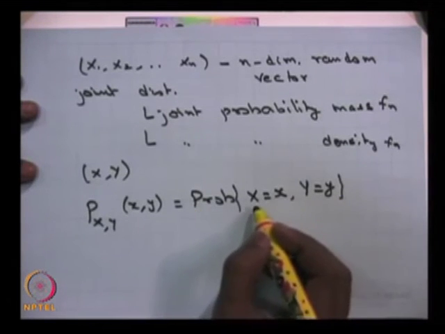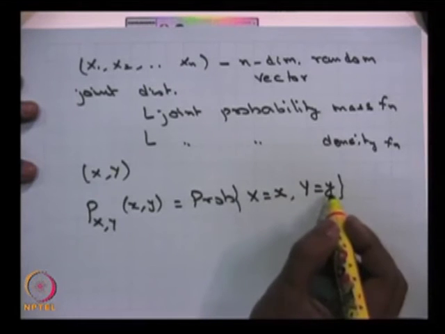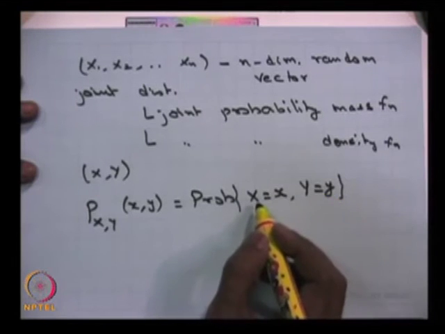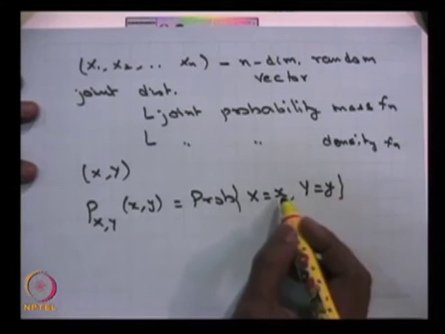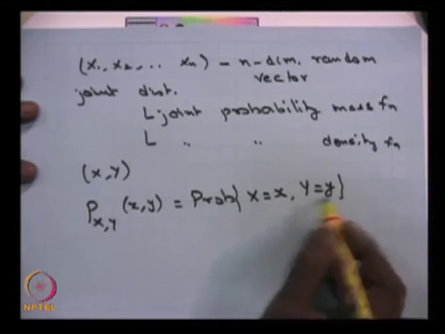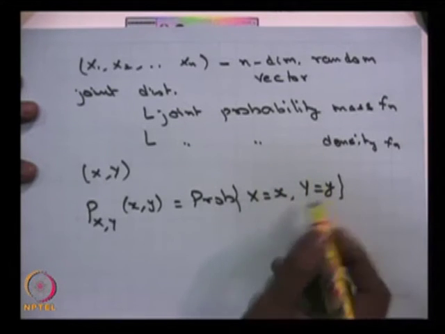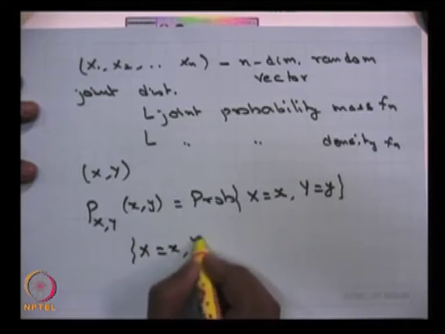That means you will create the event corresponding to X equal to x and Y equal to y. If you are not getting any possible outcomes that give those values of (x, y), then it may be the empty set.